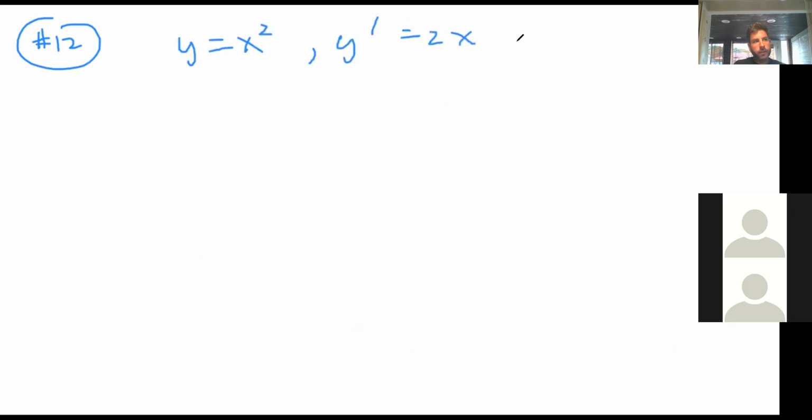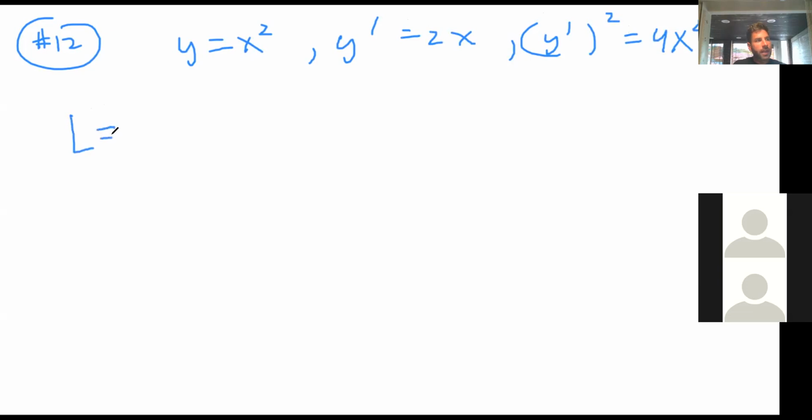Okay, so number 12, we want to find the arc length, but we run into a problem. If y equals x squared, then y prime is 2x, and y prime quantity squared is 4x squared.